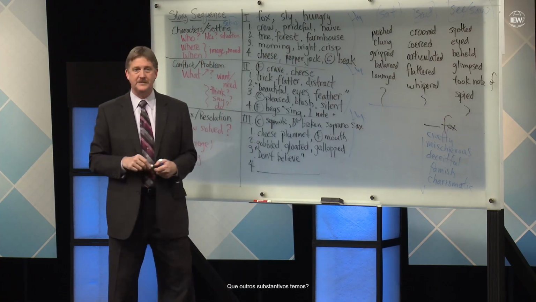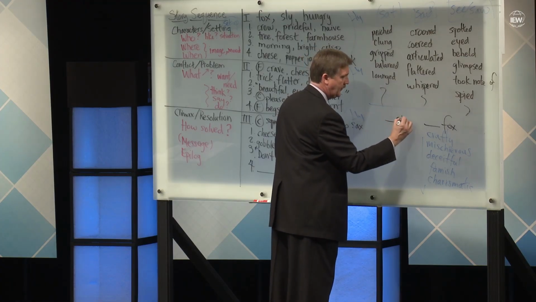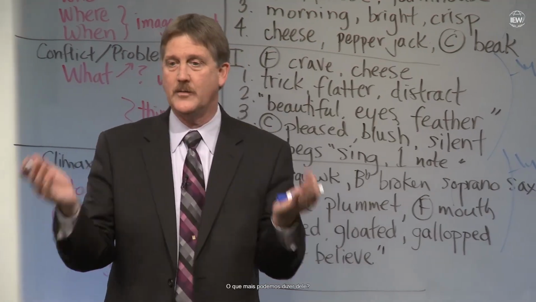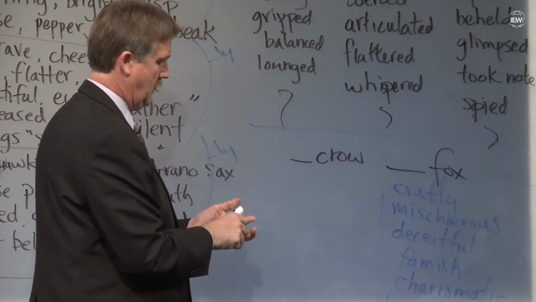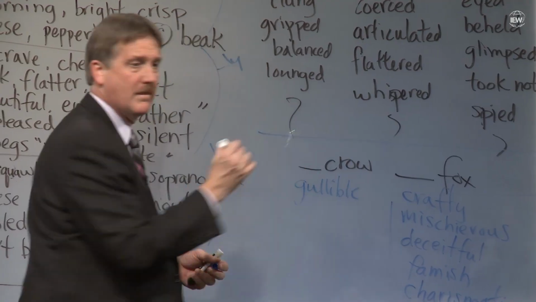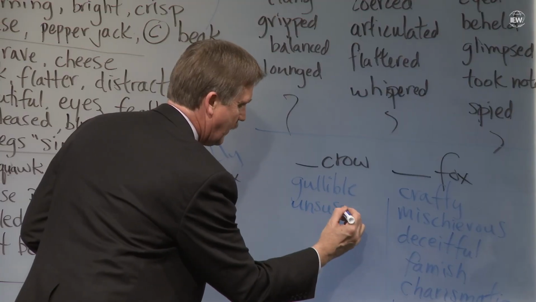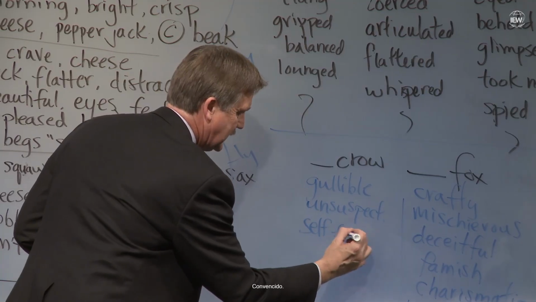What other nouns do we have? Okay, let's go with crow. We've got the something crow. We've got prideful and naive. What else could we say? Gullible. Unsuspecting. Self-satisfied.